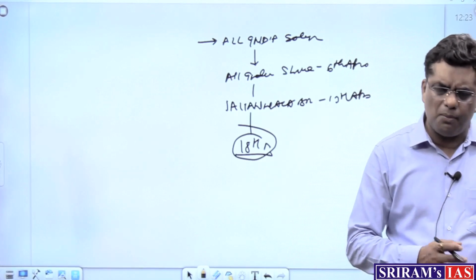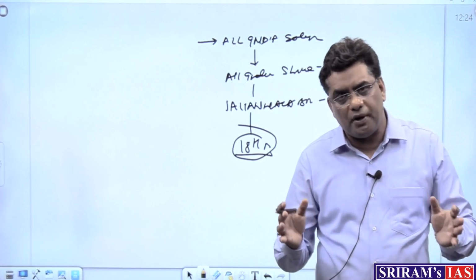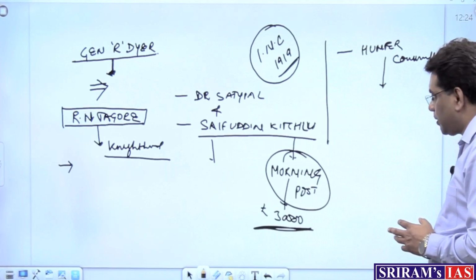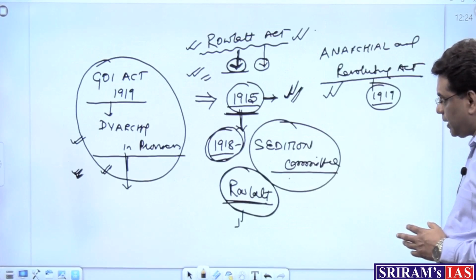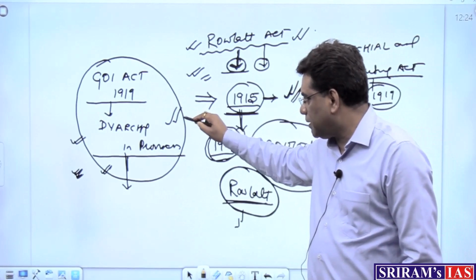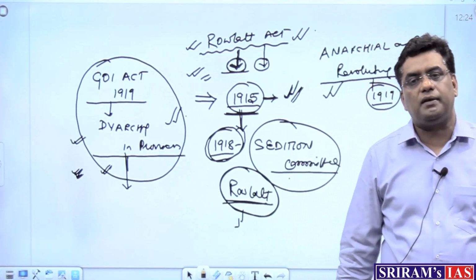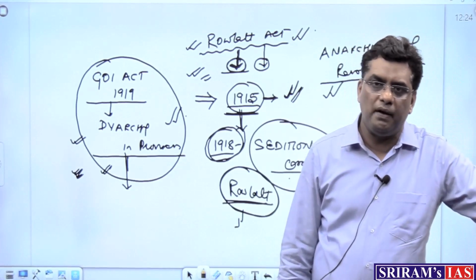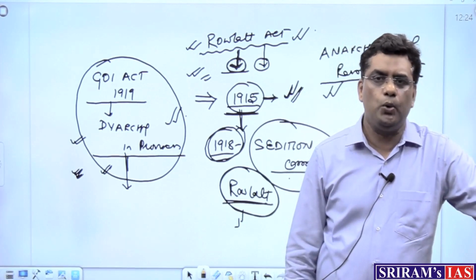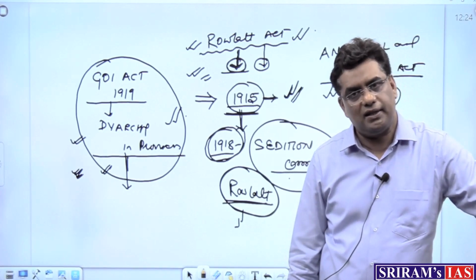However, some Congressmen were not happy with Gandhi's non-cooperation attitude. Some were in favor of the Government of India Act 1919 because it was a big constitutional reform presented by the British. So initially, the proposal of the first mass movement, the non-cooperation movement, was opposed by leaders like C.R. Das, Motilal Nehru, and Annie Besant, because they were in favor of the Government of India Act 1919.